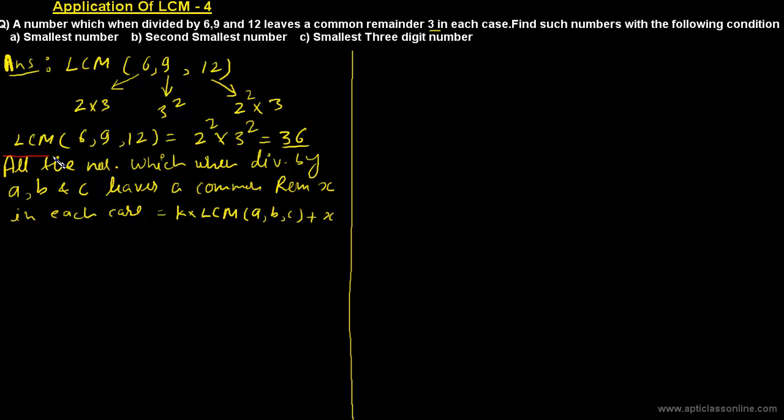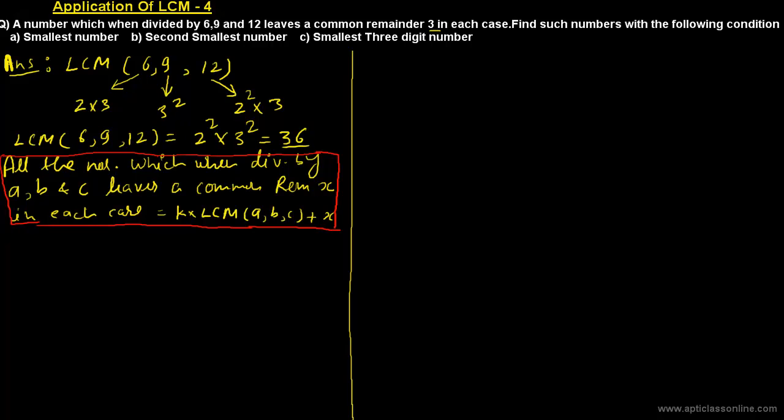We can generalize this result in this manner: all the numbers which when divided by A, B and C leave a common remainder X in each case will be K times the LCM of A, B and C, that is a multiple of the LCM, plus the common remainder X. We have seen here that 36 is the LCM of 6, 9 and 12.